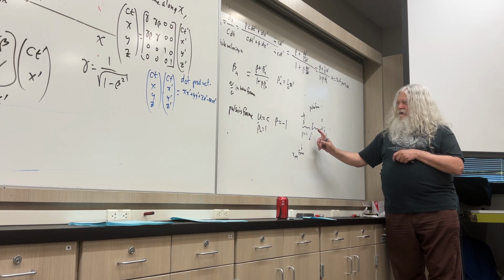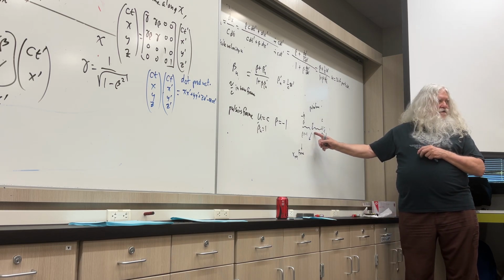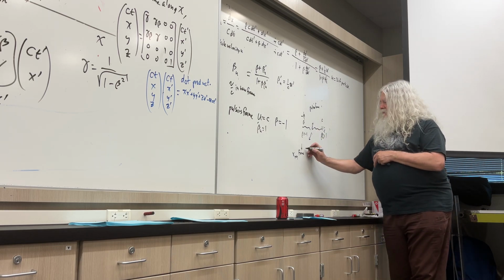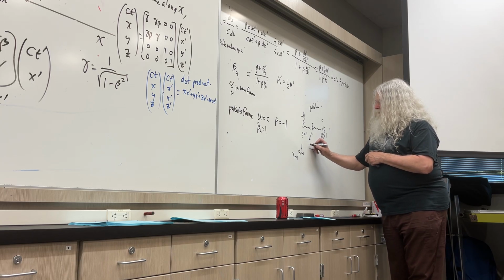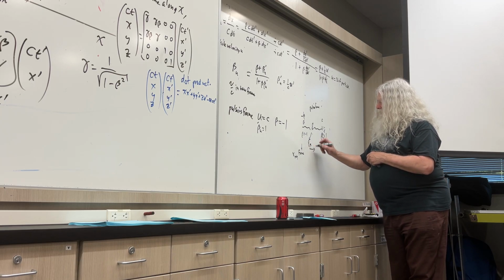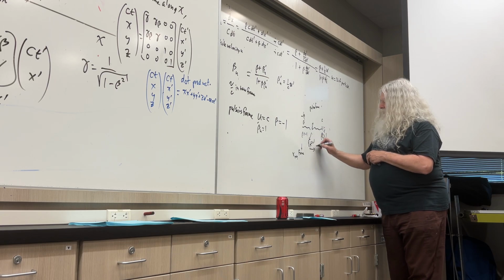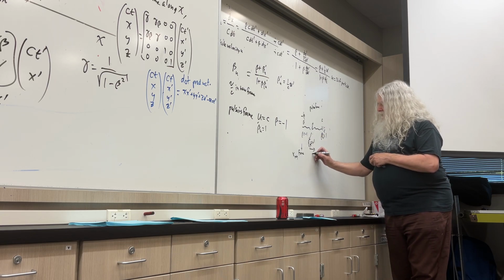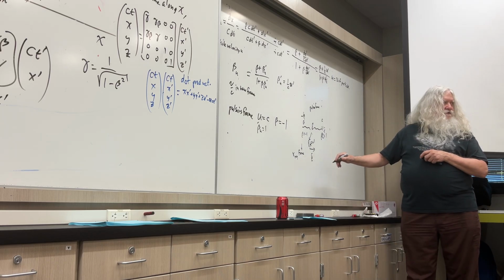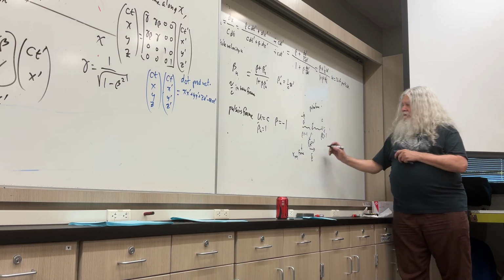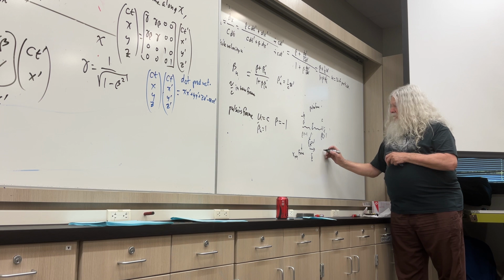So in this frame, the pulsar is moving at plus c. So beta pulsar is going to be +1, which is c over c. And then this one is going to be something faster yet.